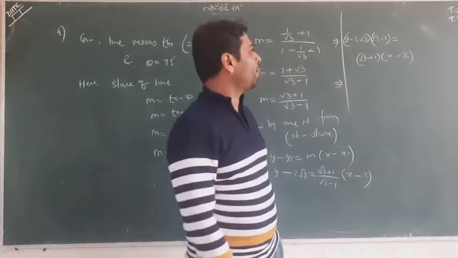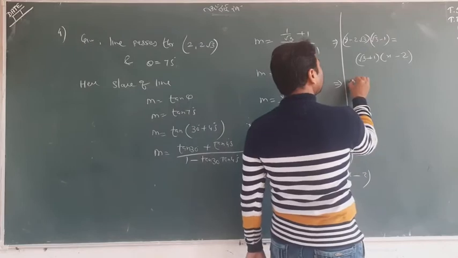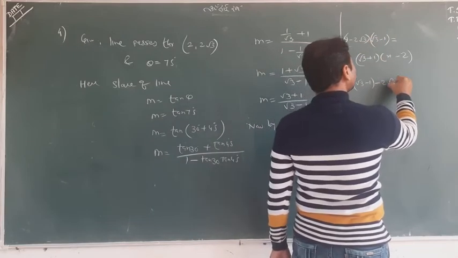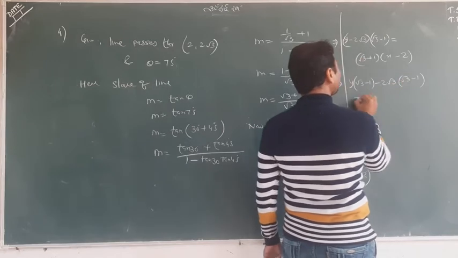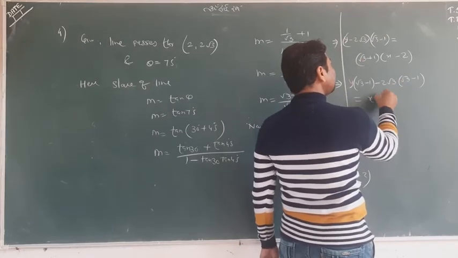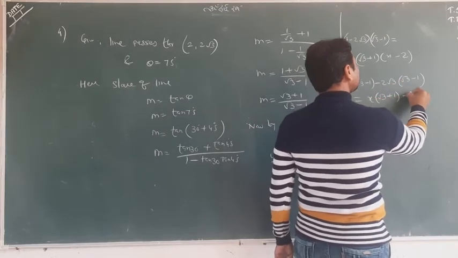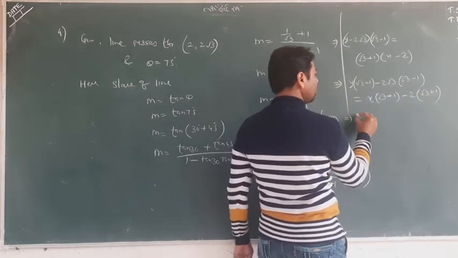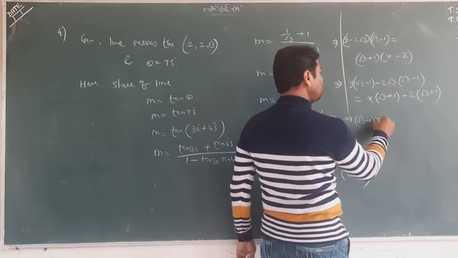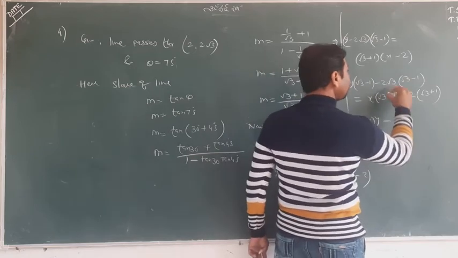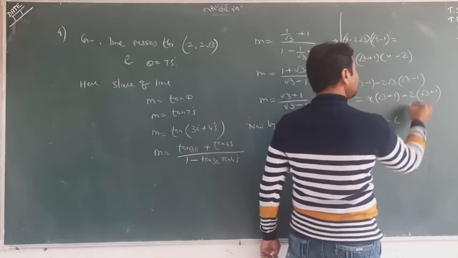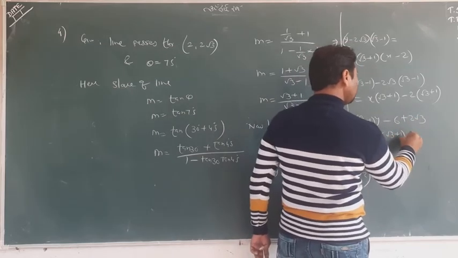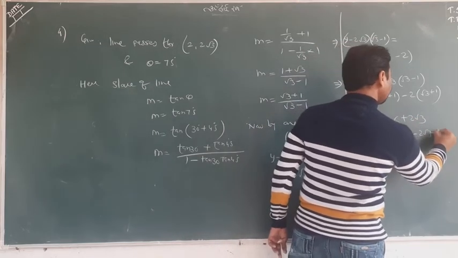Multiplying out: y into root 3 minus 1, minus 2 root 3 into root 3 minus 1, equals x into root 3 plus 1, minus 2 into root 3 plus 1. 2 threes are 6, and this is 2 root 3.